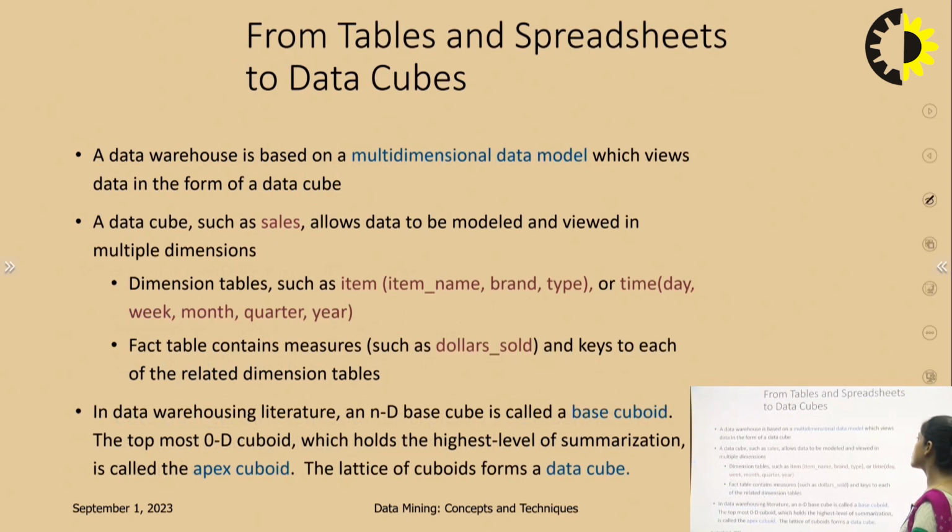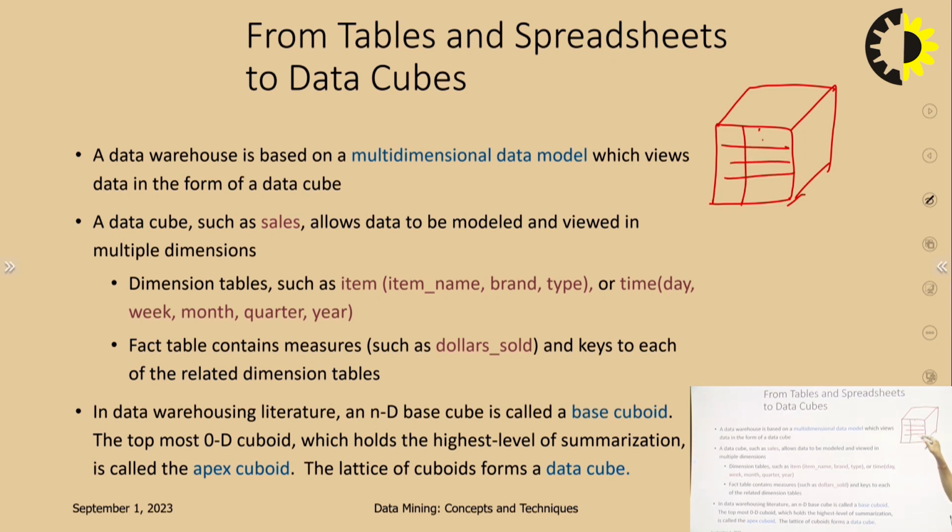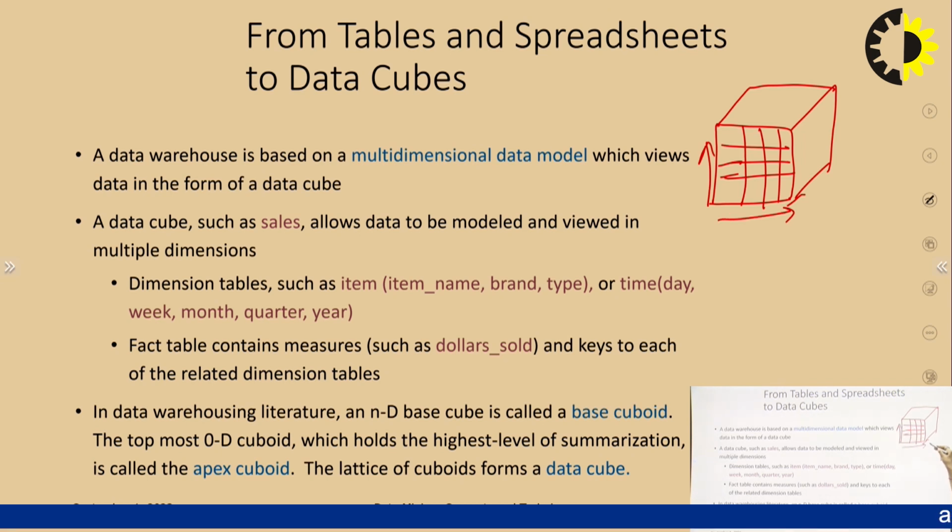From tables and spreadsheets to data cubes, this plays a very important role. A data warehouse is based on a multidimensional data model which views data in the form of a data cube. What does this data cube basically mean? Let's have a look. It is a cube in which we have 3 dimensions: 1, 2, and 3.